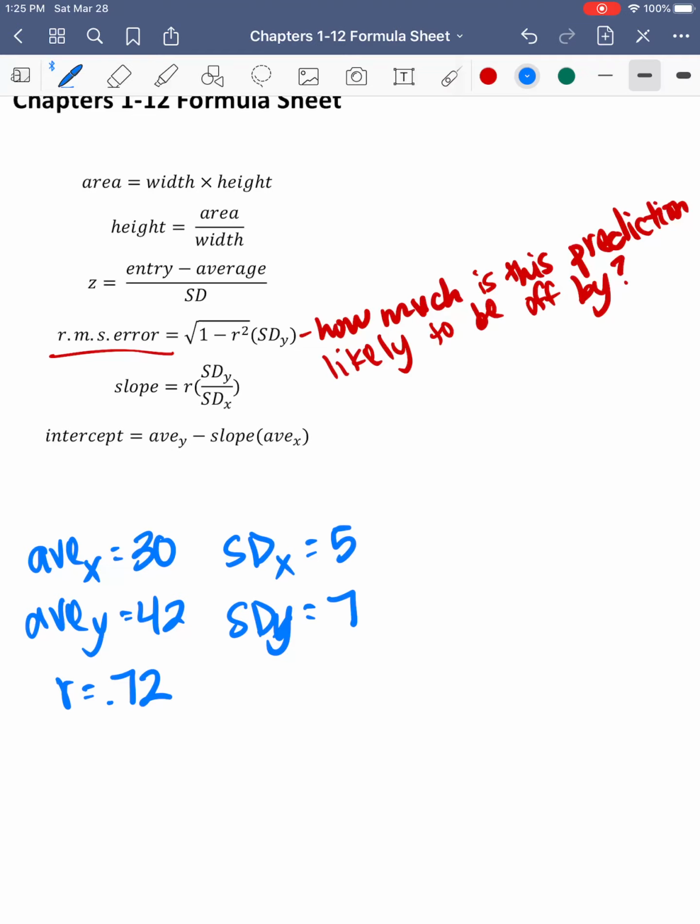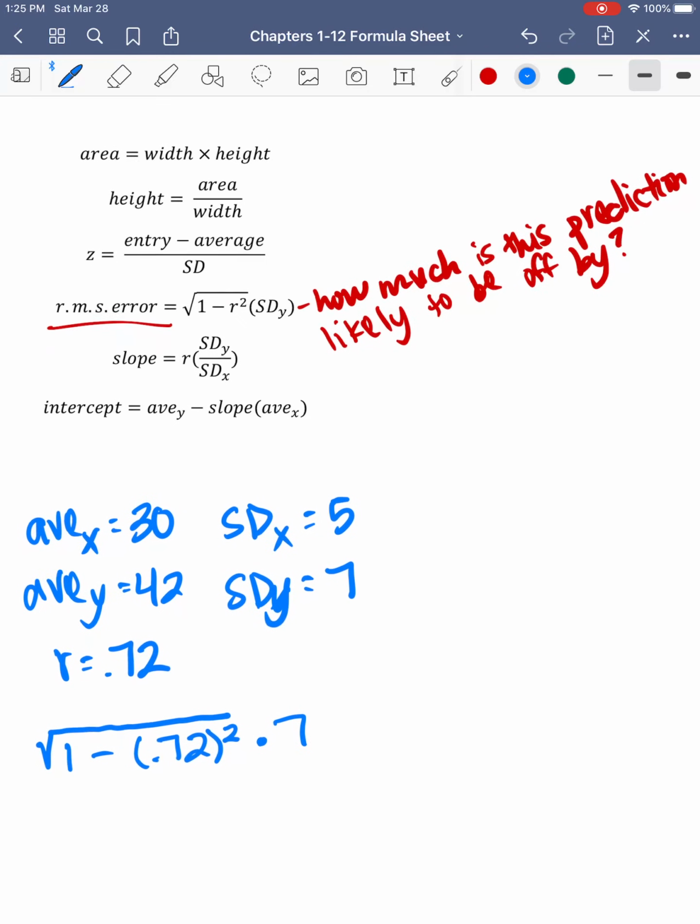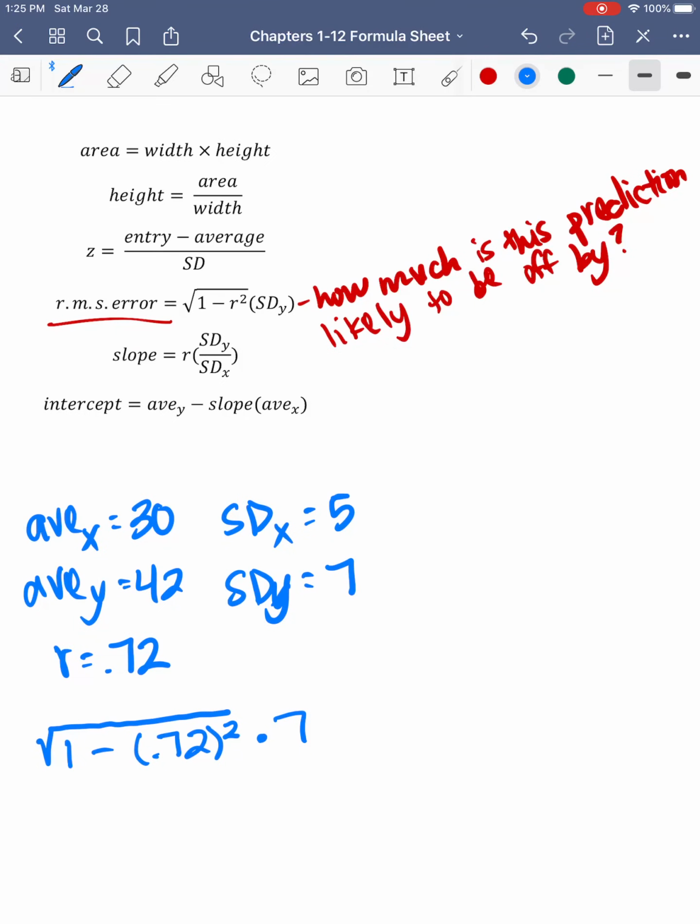And when you're asked this question, how much is this prediction likely to be off by, you just plug it into this formula: the square root of 1 minus r squared, times the standard deviation of y, and then you just type it into your calculator. When you type it in, make sure you put the 0.72 or the 7 outside of the square root so that your calculator does it correctly.